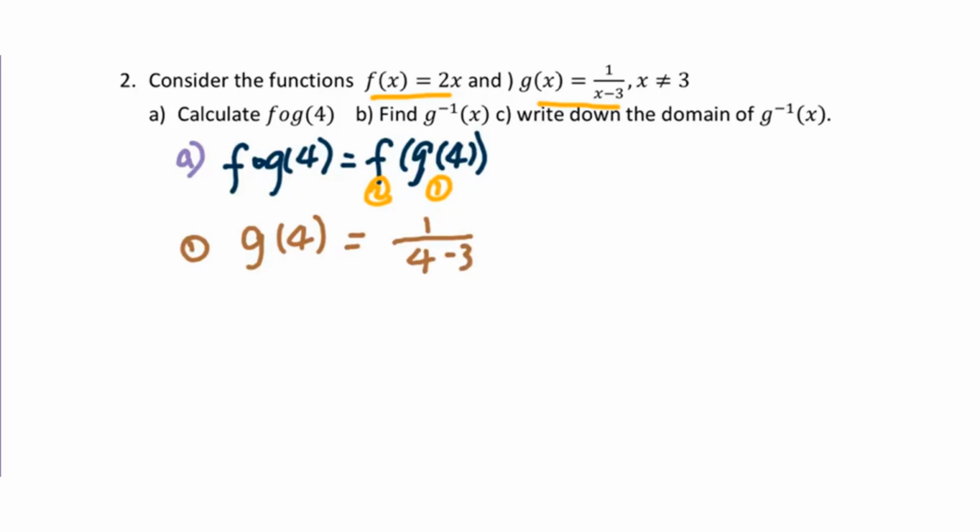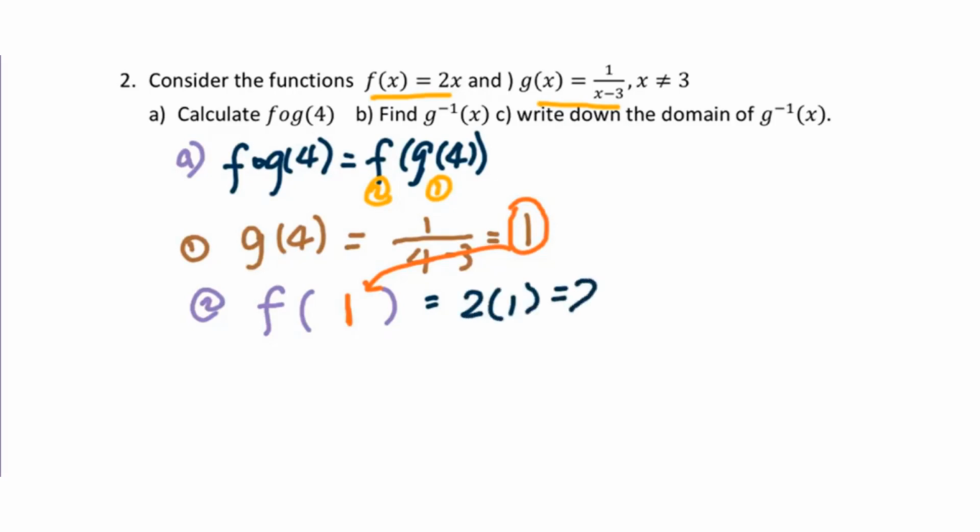Just plug 4 into the g function, you will get 1. Then second step, I go to the f function. The number you plug in is this number, 1. That means every x in the f function changes into 1. So we get 2 times 1 equals 2.